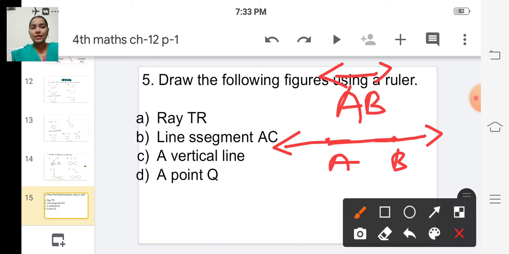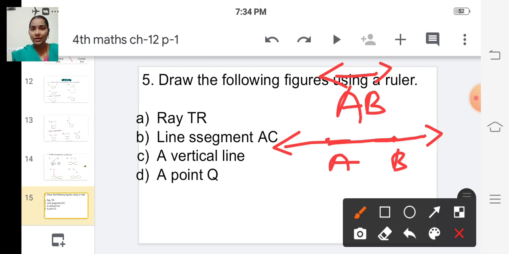Is it clear, children? In this class we have learnt about point, line segment, ray and line. Understand and spot the differences. A line segment has fixed length, and we cannot measure ray and line, because a ray is extended from one side and it can be extended to any length.